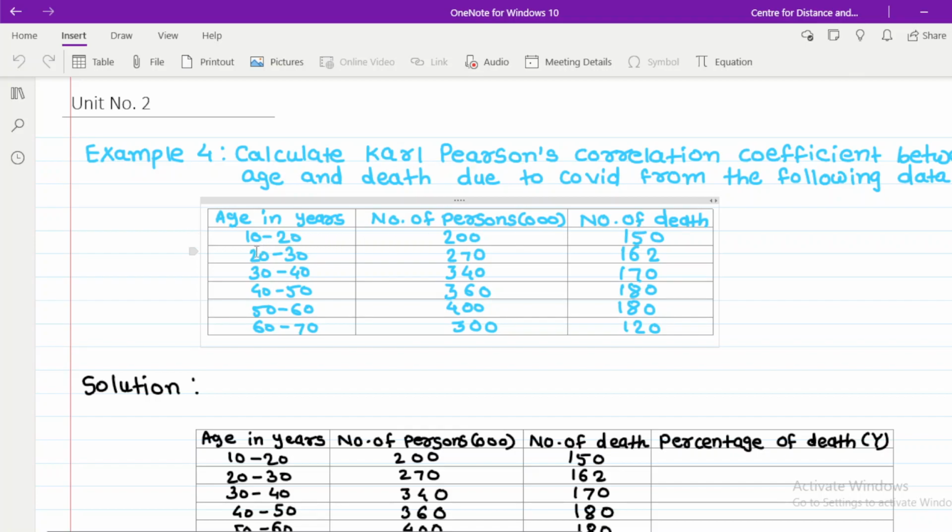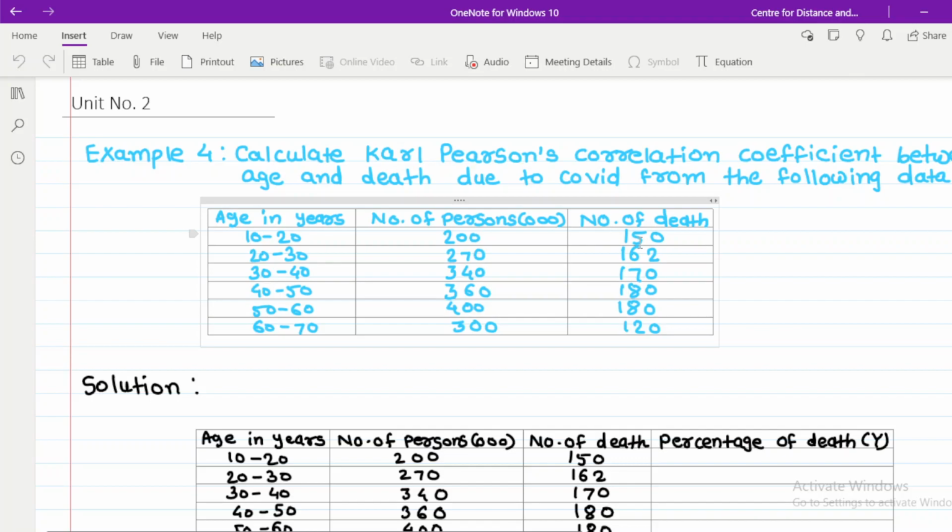Okay, for the age 10 to 20, the number of persons is 200, that is 2 lakh, and their respective number of deaths is 150.